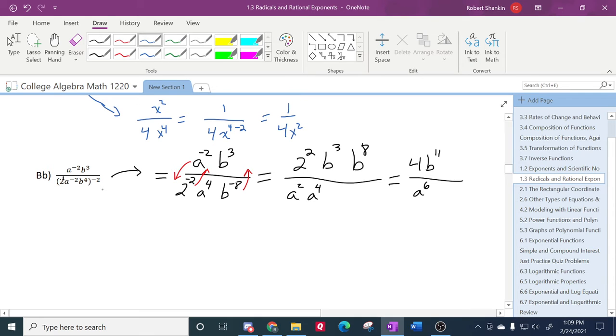Another way it could have been done is I could have moved all of this up here because I'm looking at that negative exponent, and I'm going to change it to a positive exponent. So this would be a to the negative 2, b to the 3, 2a to the negative 2, b to the 4th, in parentheses, all not negative 2 but positive 2 because it moved up.